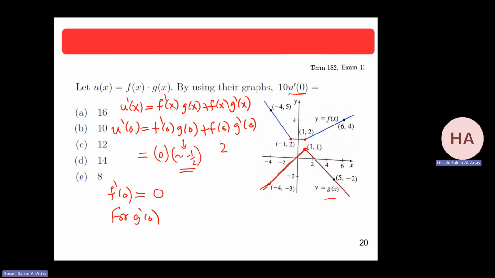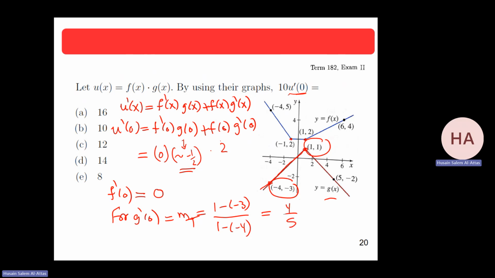2 points. I have these 2 points. I can find it through the slope of the tangent line. G prime will be the slope of the tangent. I have 2 points, so it will be 1 minus 3. I'll use these 2 points. Delta y, 1 minus 3 over 1 minus 4. That gives me 4 over 5.